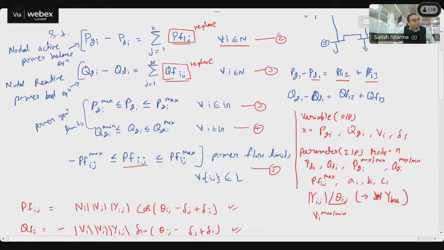Tomorrow is the 5th. So tomorrow I will explain DCOPF. Today I went with the ACOPF first because I wanted to focus more on how to read optimization and how to formulate the optimization problem.